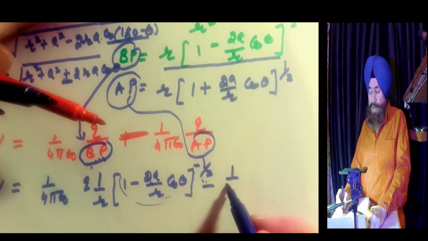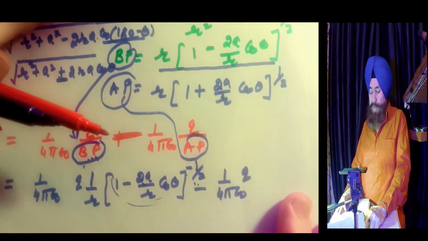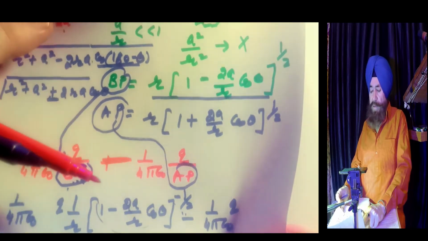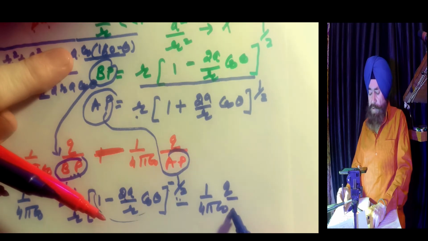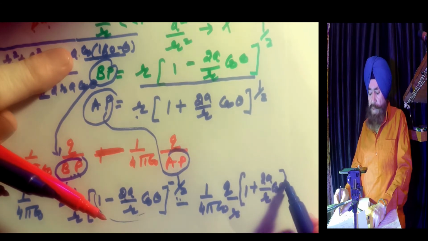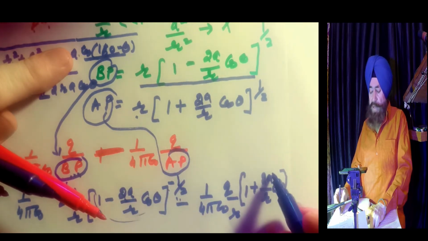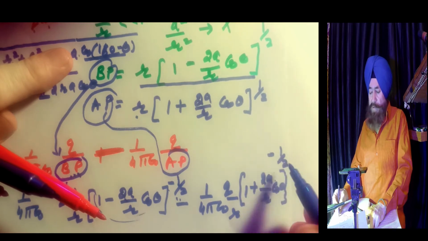Now then minus constant q, then 1 upon AP, 1 over AP means this upon R, then 1 plus 2a upon R cos theta, and raised to power again, it was in the denominator, now I place it in the numerator, so power minus 1 by 2.